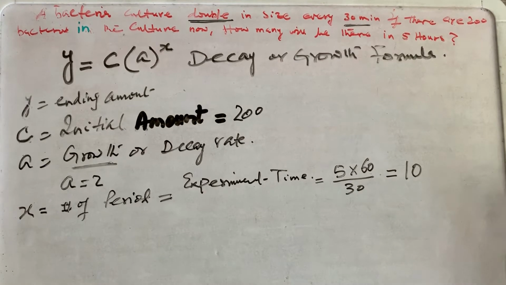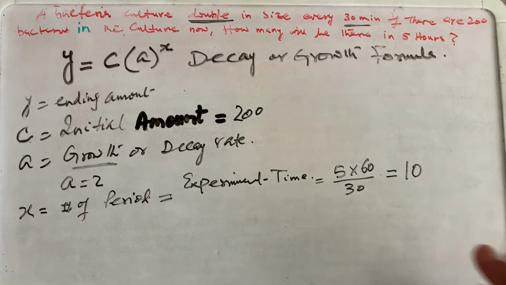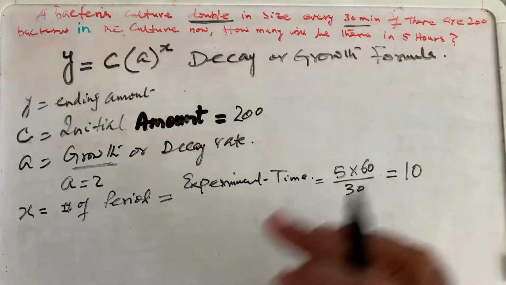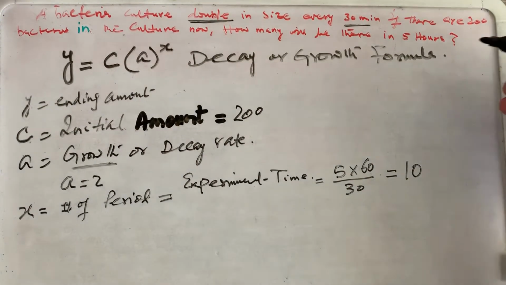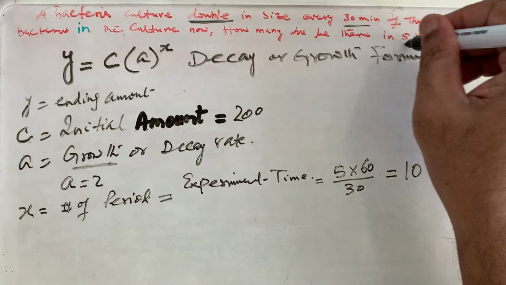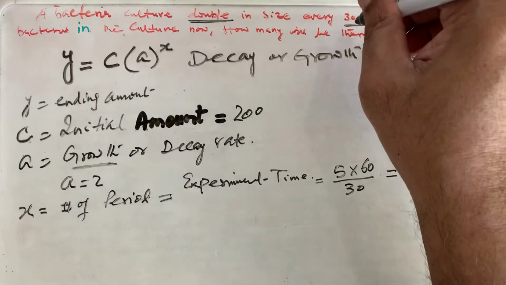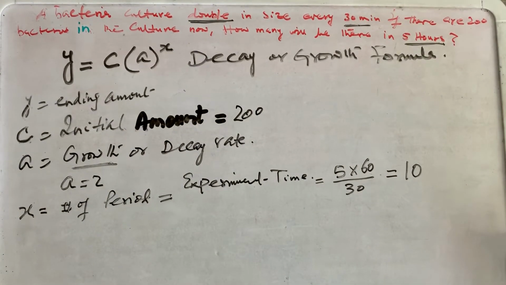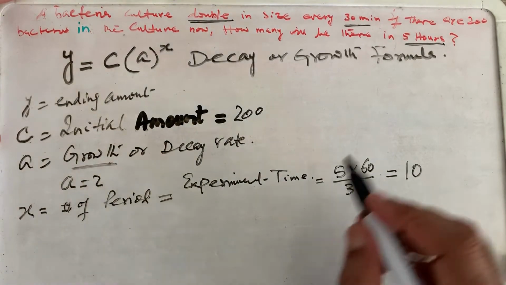If they were doubling every minute, then we wouldn't have to divide by 30, right? So this is 5 hours converted to minutes, and then divided by 30 minutes. Correct? Now we can plug in the values.